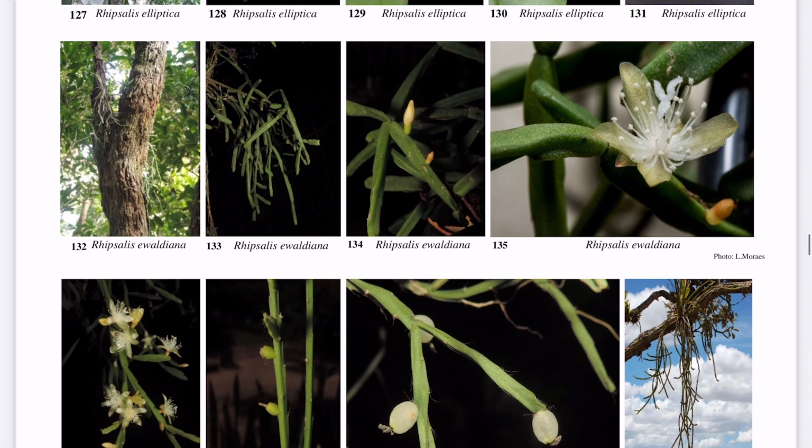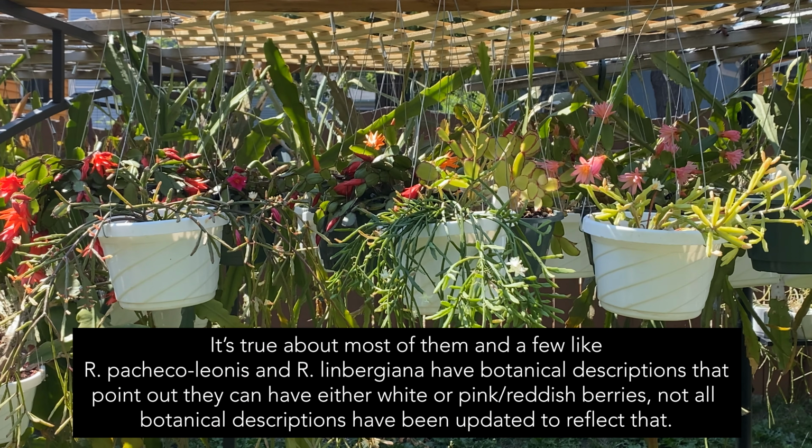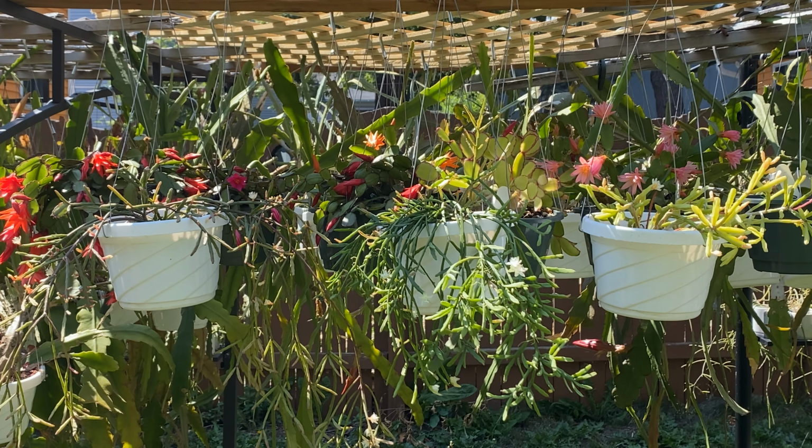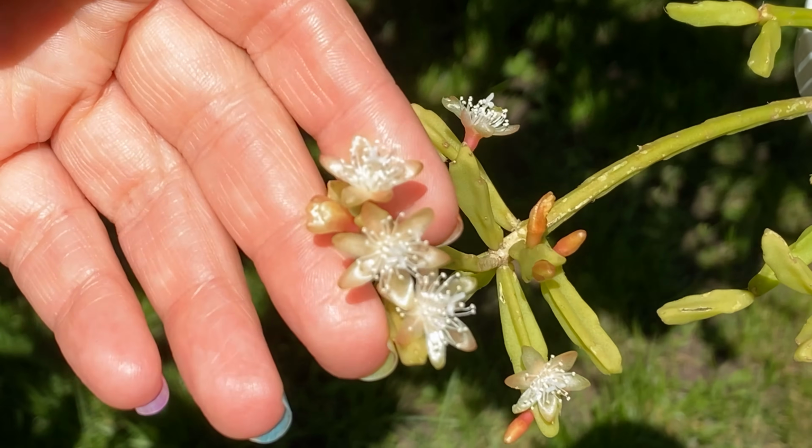I knew it was true about some of the other larger flat-clade Rhipsalis, but because of the kind of strange history of Rhipsalis ewaldiana only really being found in cultivation, it made it really difficult to confirm that, even though it seemed very likely that those green clones were Rhipsalis ewaldiana. So I think we can all rest easy now and change all of our labels on these green Rhipsalis ewaldiana looking plants. So I want to take a closer look at these flowers.